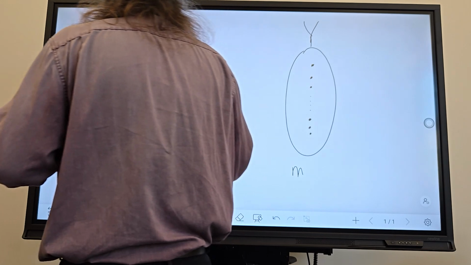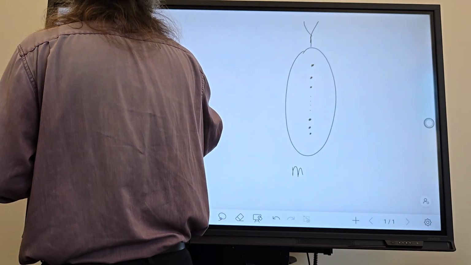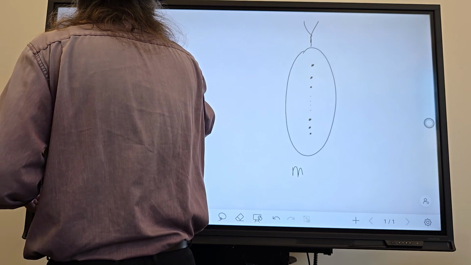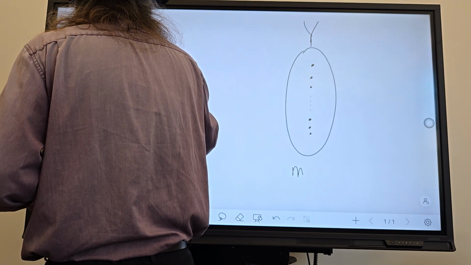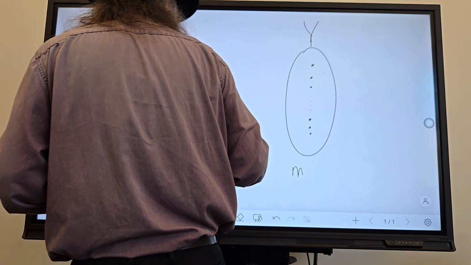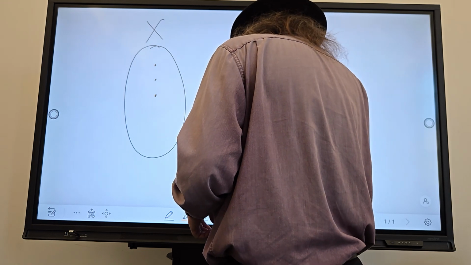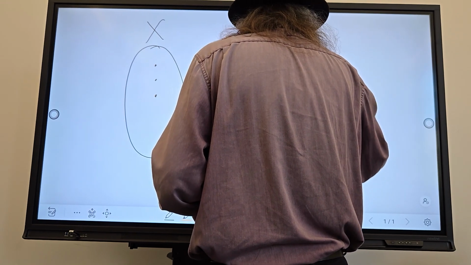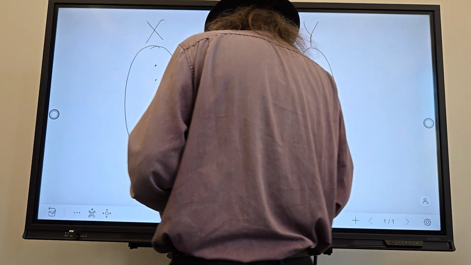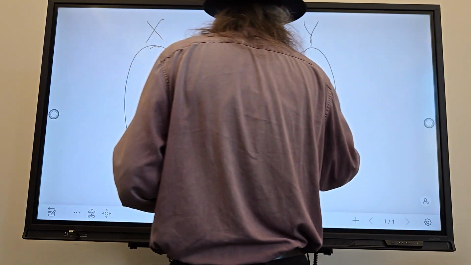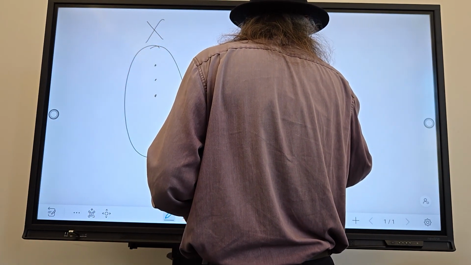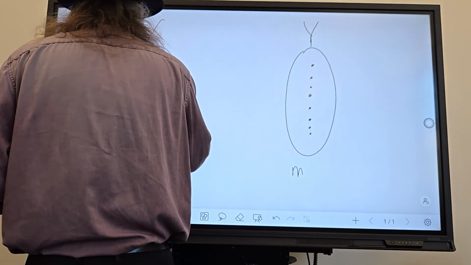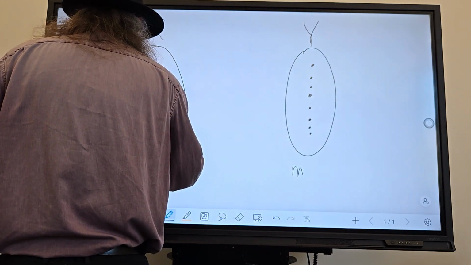Let's say here you have 8 elements here, and let's say 9 elements here.